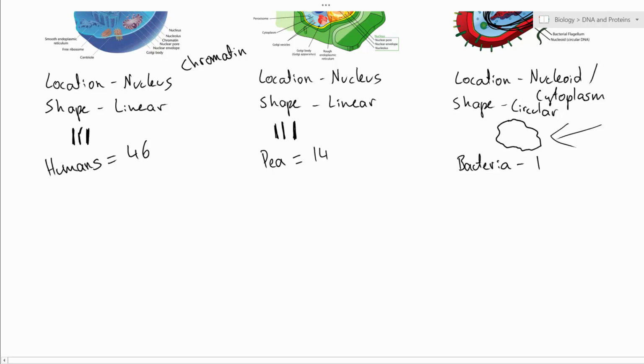Compared to humans, they have very similar chromosome structure, and the same location of their chromosomes being found in the nucleus, but as opposed to 46, they only have 14 chromosomes. So that's another key difference that you can see in plants versus animals and across differing species.